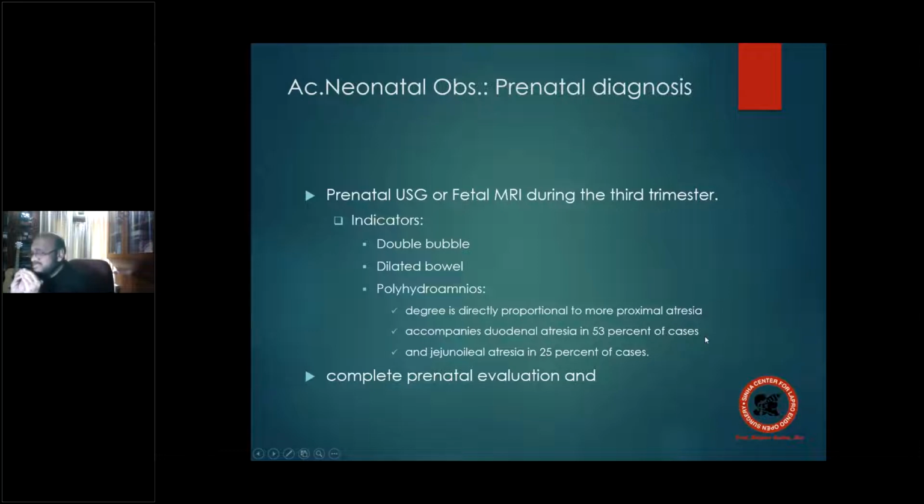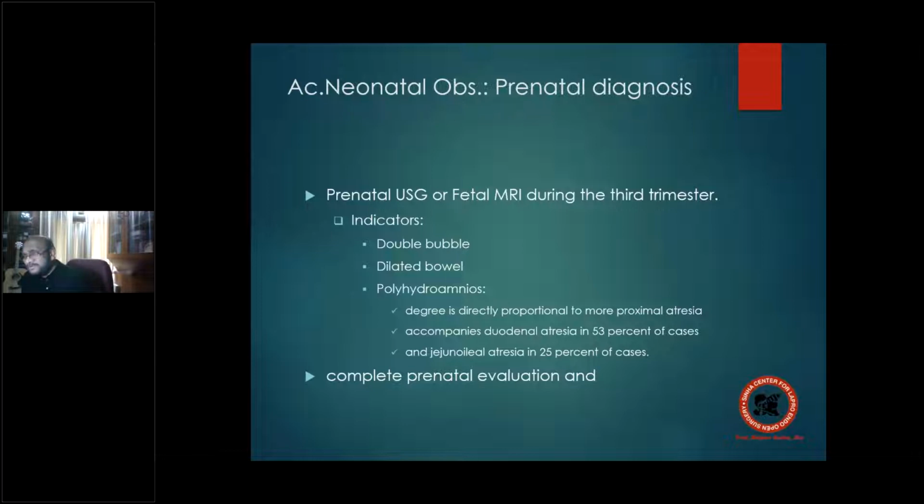It has a simple explanation: more absorption in the distal epithelium will lead to less polyhydramnios, and less absorption will lead to more polyhydramnios.